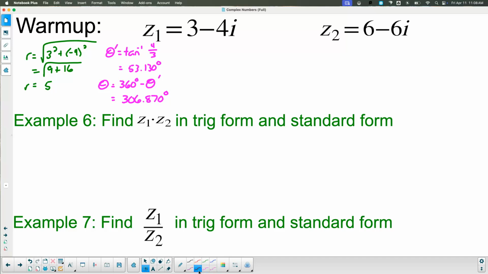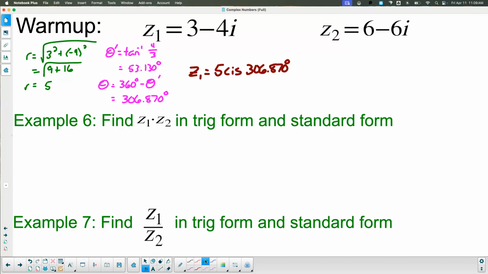So Z sub 1 here is going to be 5 cosine i sine of 306.870 degrees. Z sub 2 has an R value.